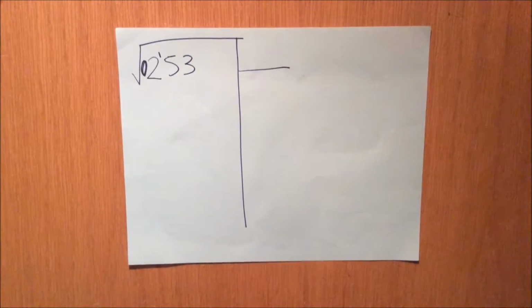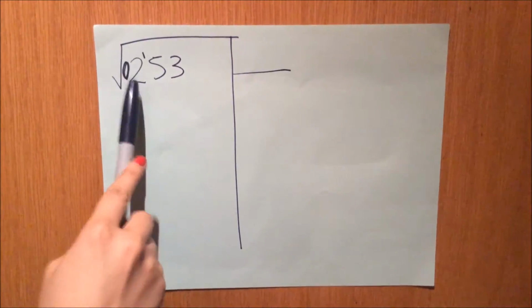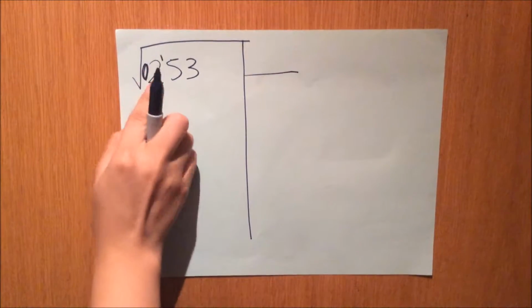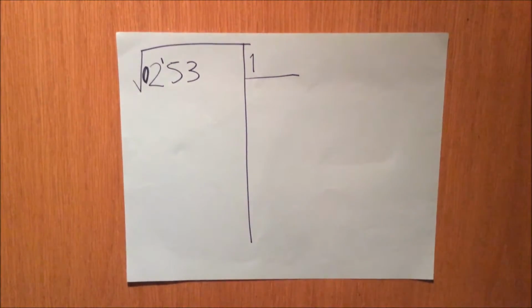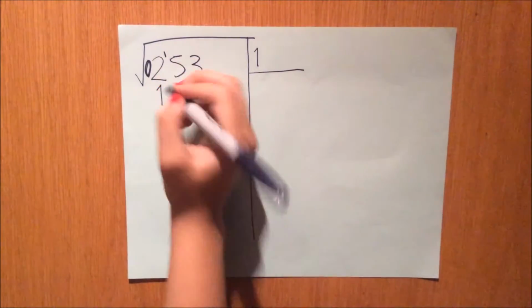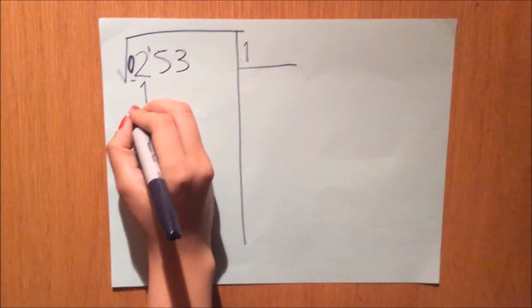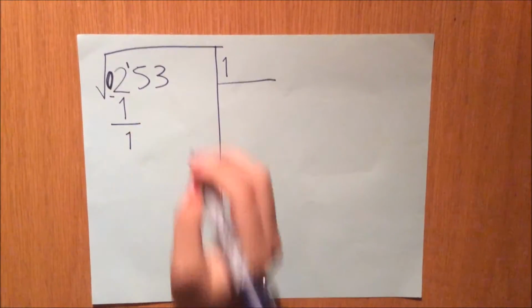Now, we will try to find a number that multiplied by itself gives us a number close to 2. 2 times 2 is 4, and it is bigger than 2, so we will use 1. 1 times 1 is 1, so we will write here the square of this number, and we will subtract it from the original. 2 minus 1 is 1.